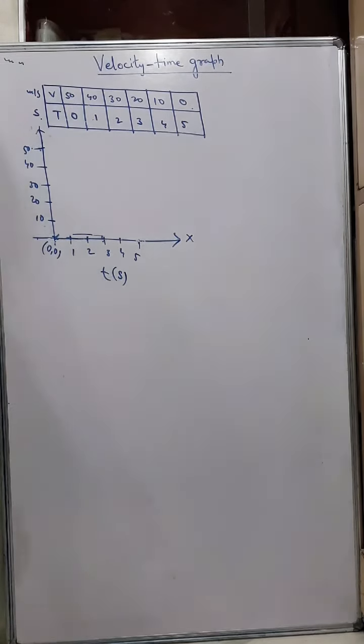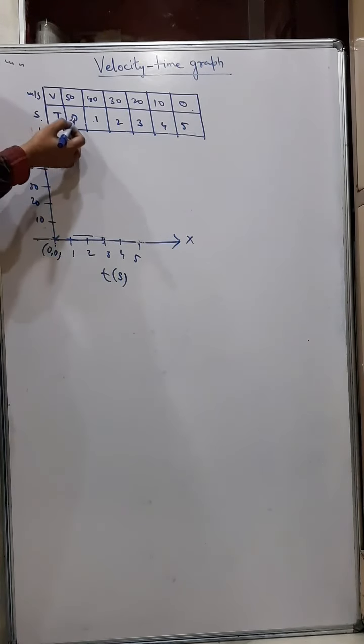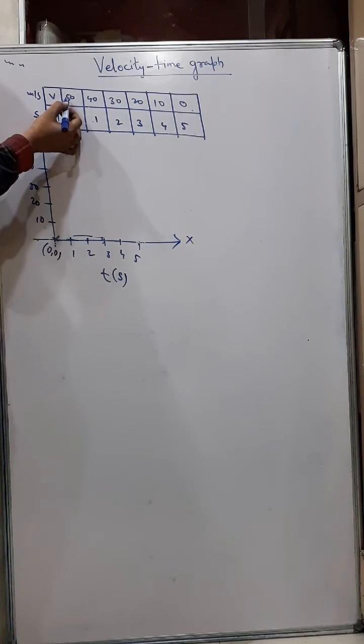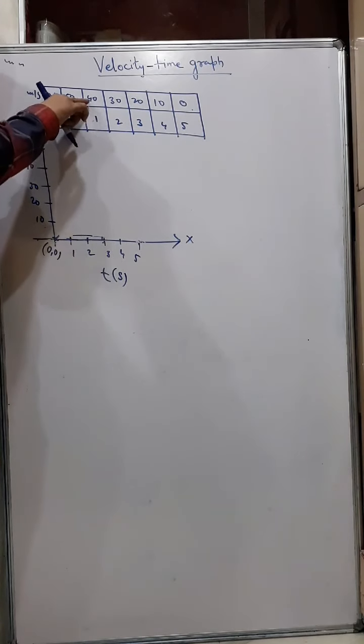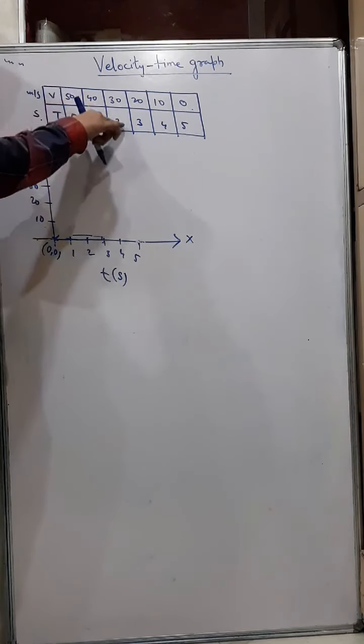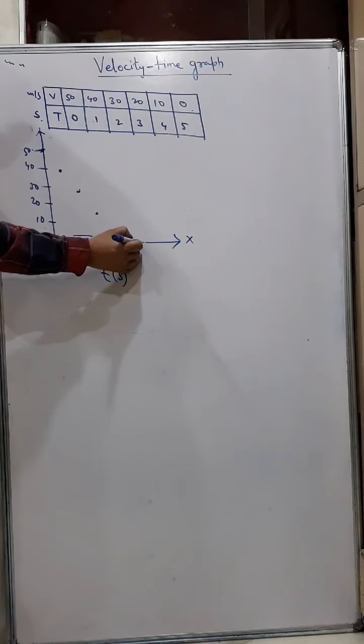Okay, now consider this example. Initially the body is running at 50 meter per second. After 1 second the speed is decreasing to 40 meter per second, then after 2 seconds 30. So if I draw the graph here, initially it is 50, after 1 second it is 40, after 2 seconds it is 30, after 3 seconds it is 20, after 4 seconds it is 10, and after 5 seconds it is 0.